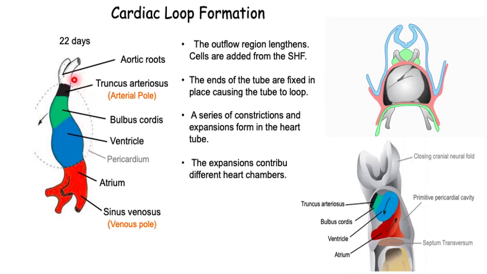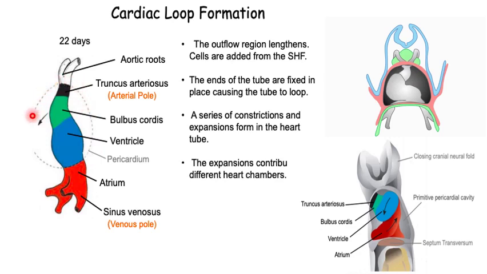So the ends of the tube are fixed in place, causing the tube to loop, because the ends can't extend beyond their level: the cranial end is stationed there because of the connection of the arterial arches back to the dorsal aorta, and the venous end is restricted in its further growth by the septum transversum that is present caudal to the sinus venosus, through which all these veins, the common cardinal vein or duct of Cuvier, the vitelline and the umbilical veins, drain into the sinus venosus.